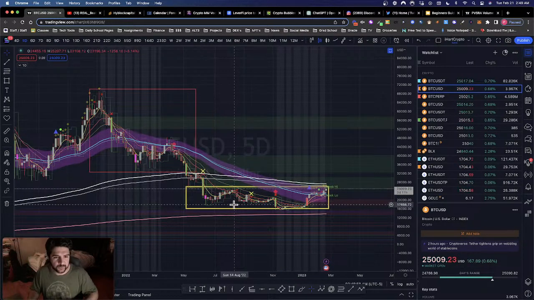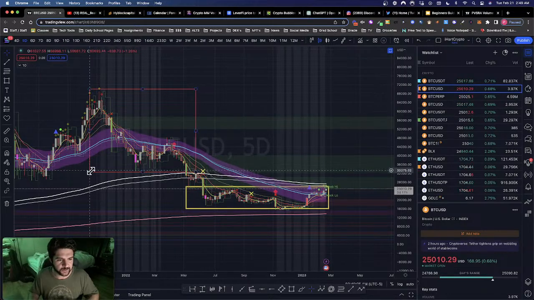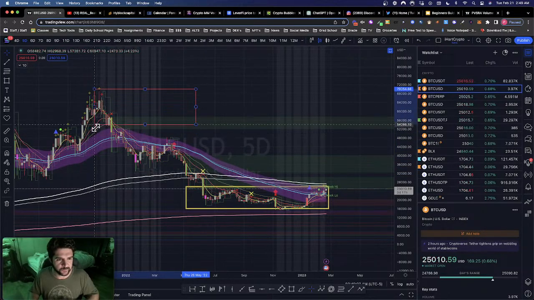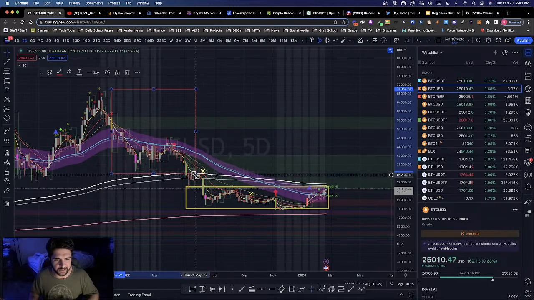So just trying to figure out what part of the cycle you're in is major. So here you go. This is definitely a level. Now the thing is that once price breaks into the level, it doesn't revisit it.